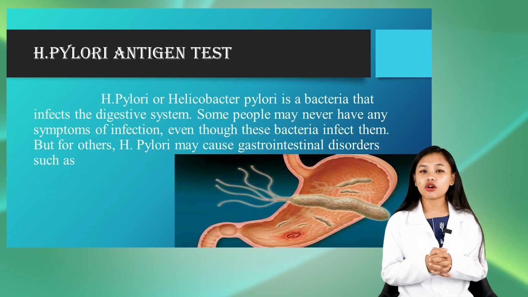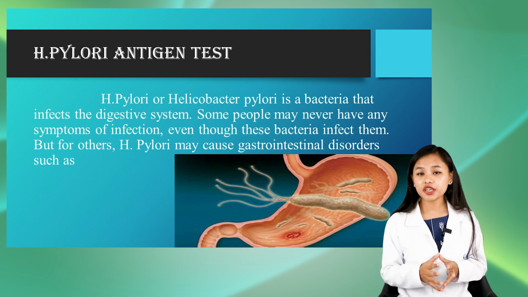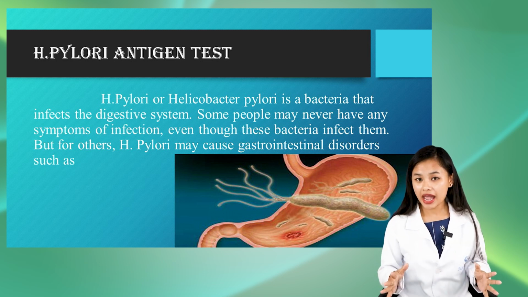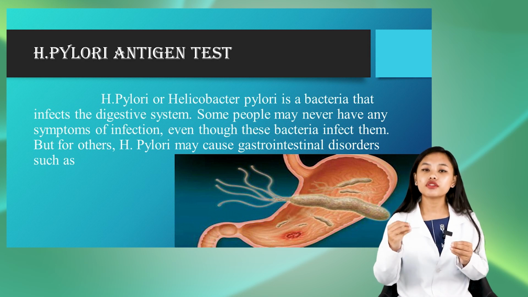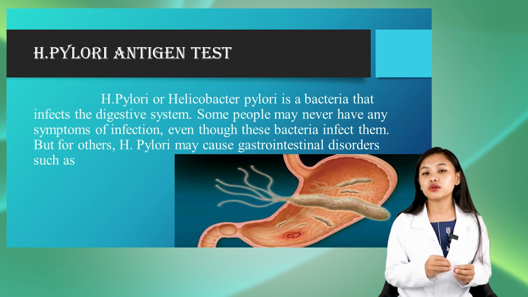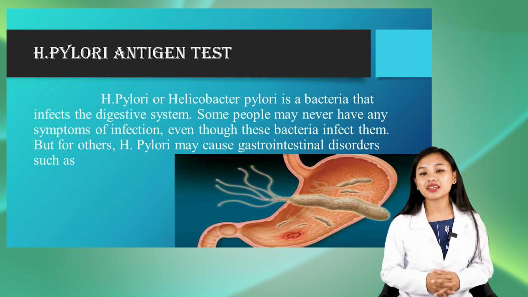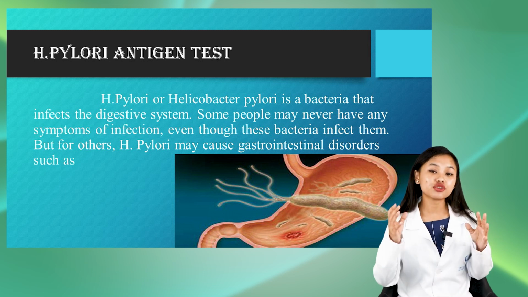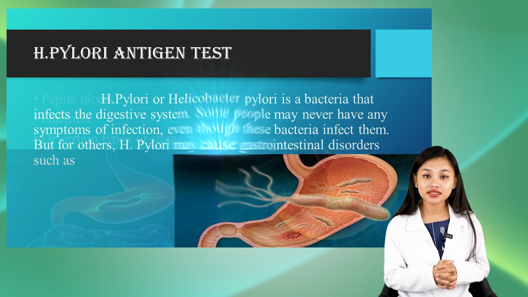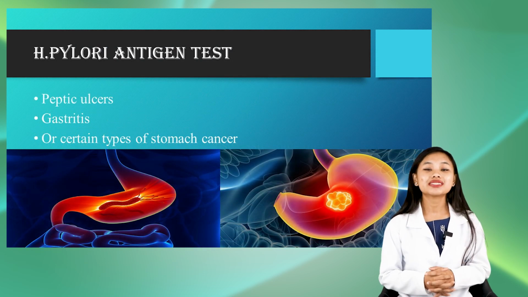Some people may never have symptoms of infection even though H. pylori is infecting them. Whereas for some, it can cause many gastrointestinal disorders such as peptic ulcer, gastritis, or certain types of stomach cancer.